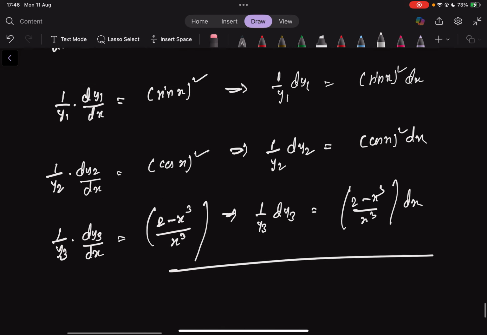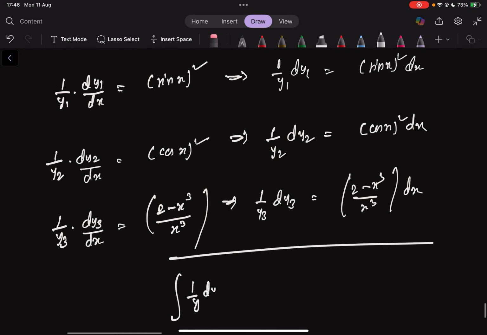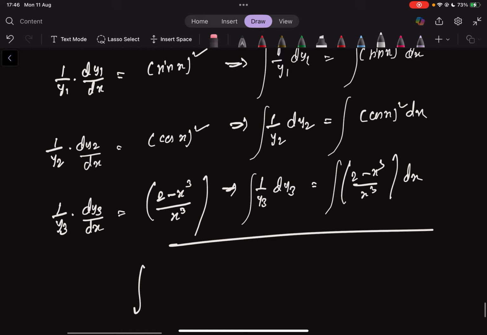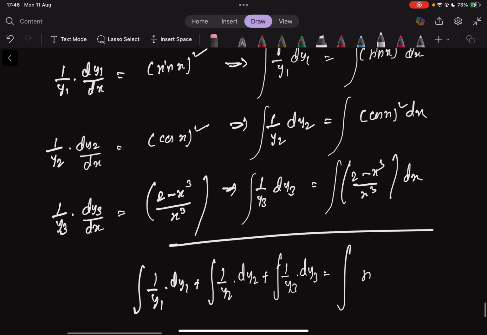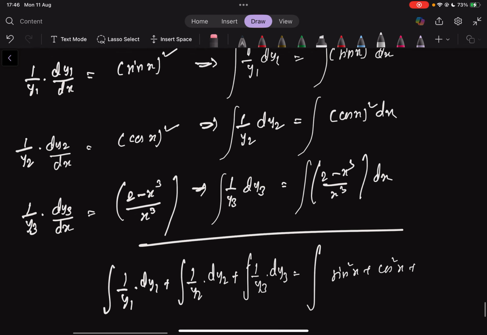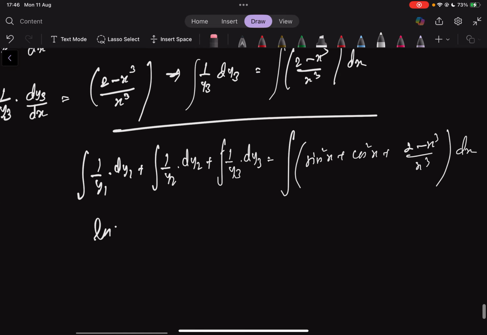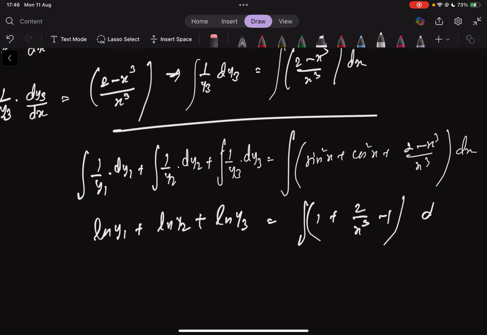If I add these three equations, I'm integrating both sides and adding: (1/y1) dy1 plus (1/y2) dy2 plus (1/y3) dy3 equals sin² x plus cos² x plus (2 minus x³)/x³ dx. So this is ln y1, ln y2, ln y3, and the integration of 1/x dx is ln x. That is the integral of 1 plus 2/x³ minus 1 dx.